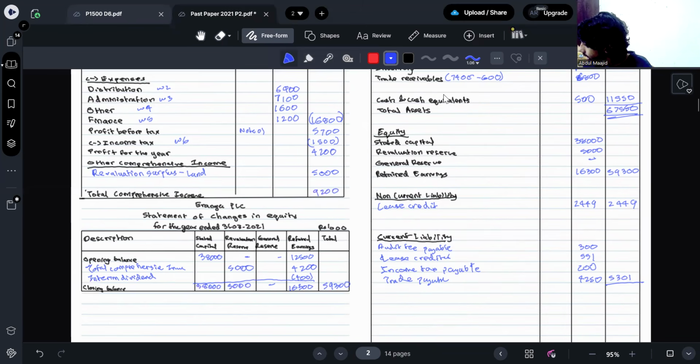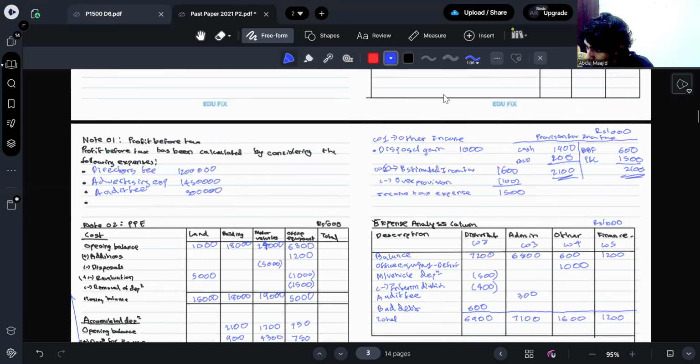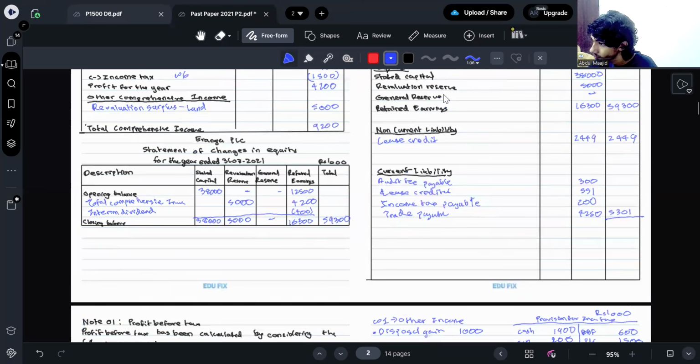Okay, wait, lease creditor amount, lease liability, I missed something. 3,500, total liability 3,500, sorry, 3,500 minus the current liability 551, that is 2,949. Okay. Then it will balance.